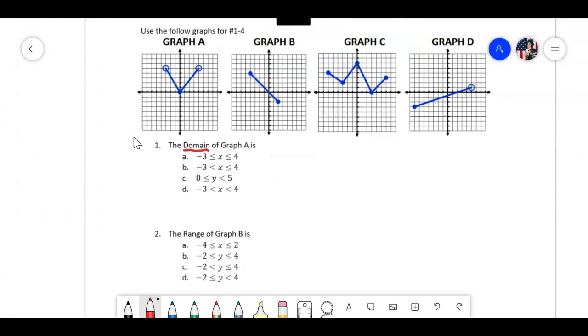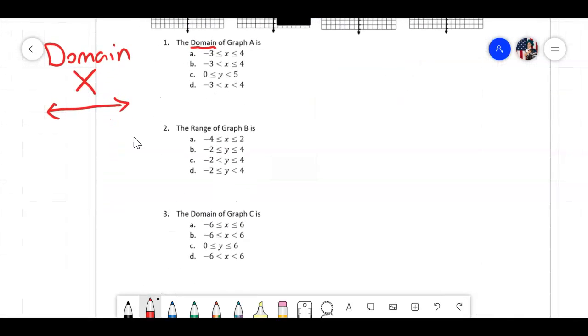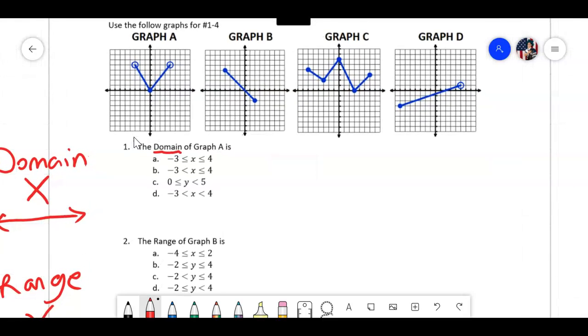Domain. Okay. So if you remember, domain is the x values from left to right. And then range is the y values from bottom to top. Now, for domain range of graph A, so I'm thinking domain from left to right.